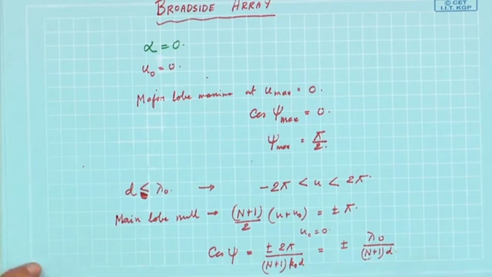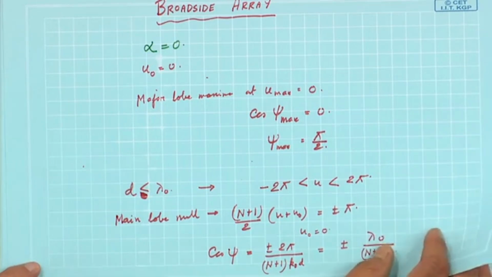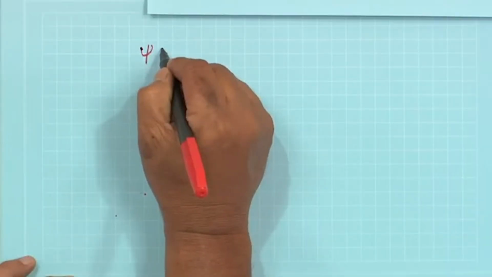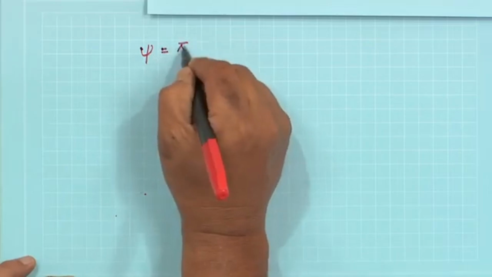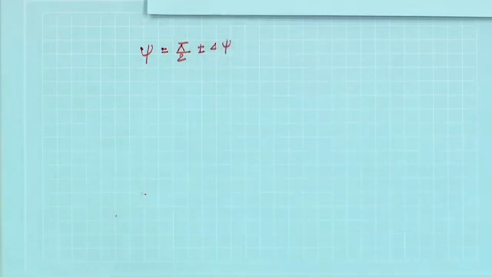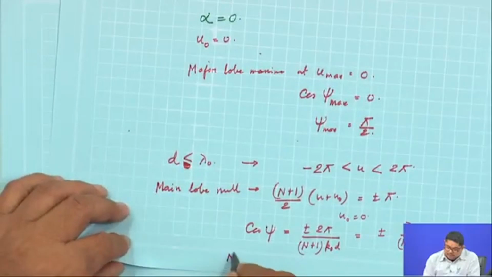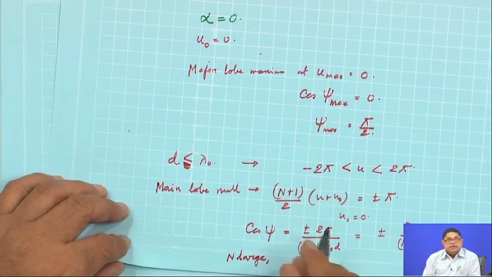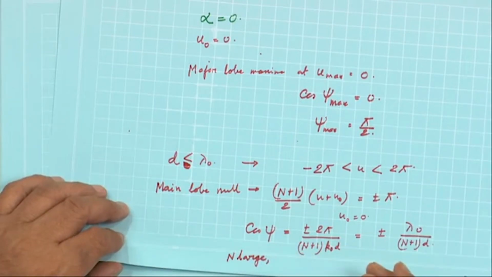For n large, the cos psi value will be very small. So, we can say that psi is equal to pi by 2 plus minus delta psi. Can I say this? You see that n is large, so cos psi is small. It is not 0, but very near 0.